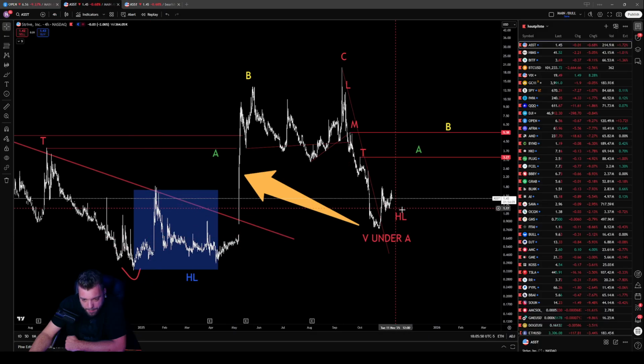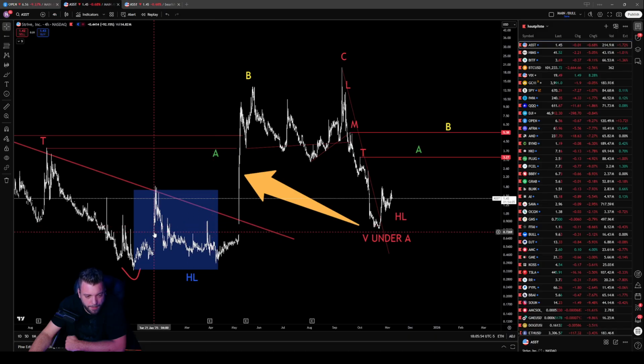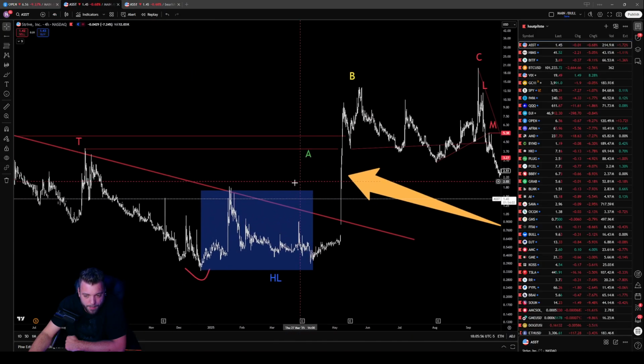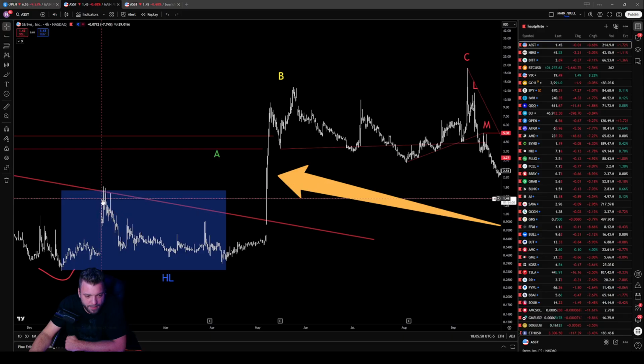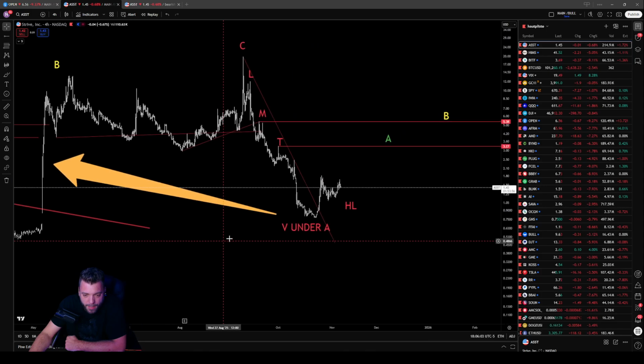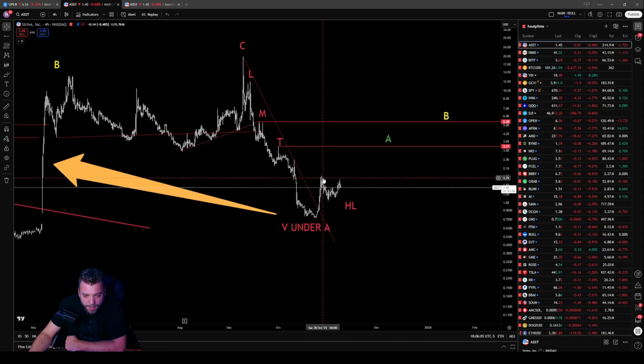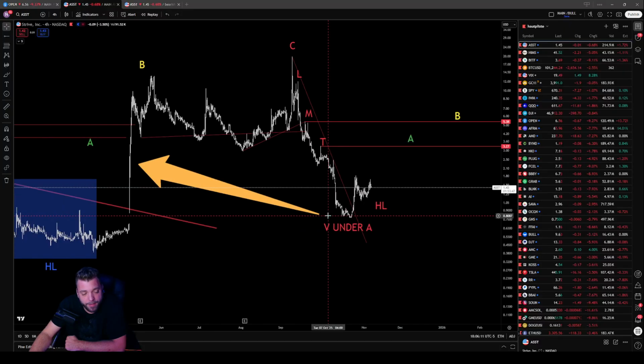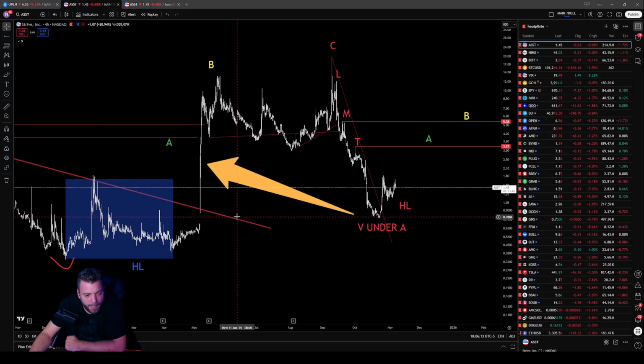This little hump here is somewhere in here. But the main problem is this peak and these lower highs here. Because you have here peak, here lower high, and then you made this U with a lower peak, lower high on the right side.